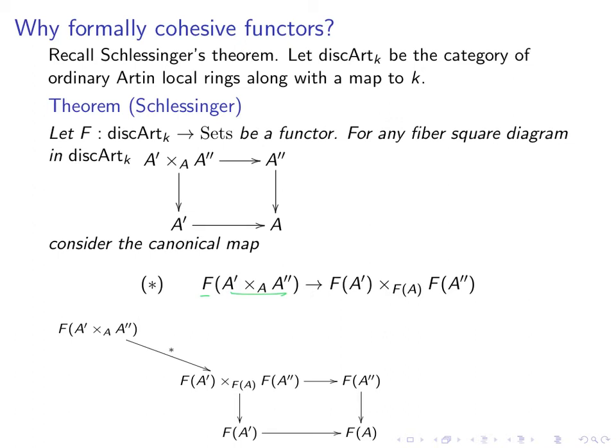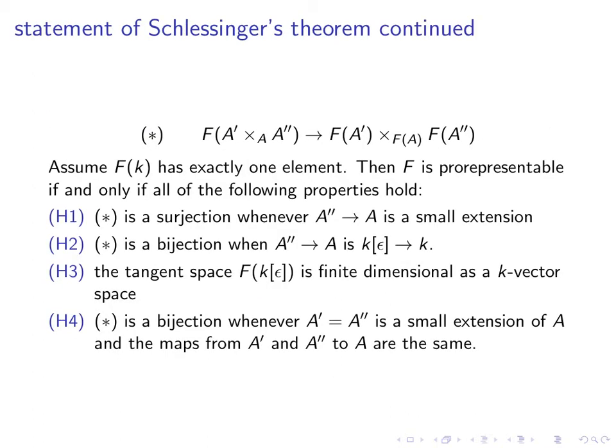Schlesinger's theorem says that, well, if a bunch of hypotheses are satisfied on this map labeled with asterisk, then the functor is representable. So on the next page, I have listed what these conditions are.